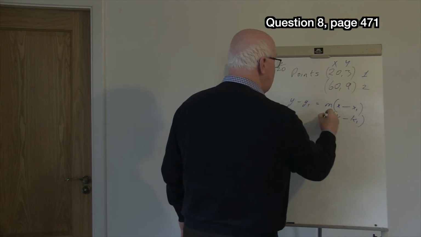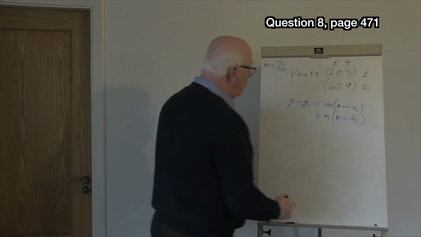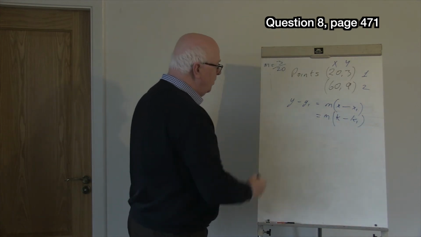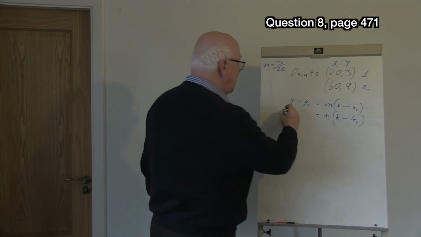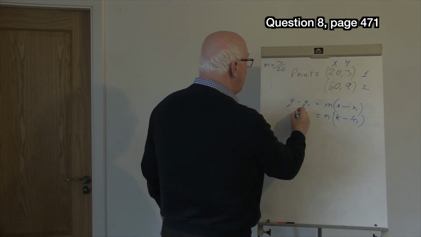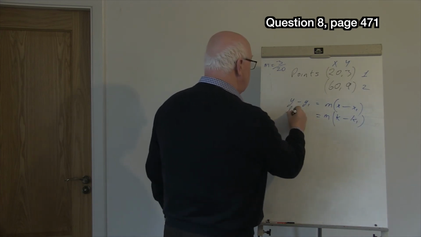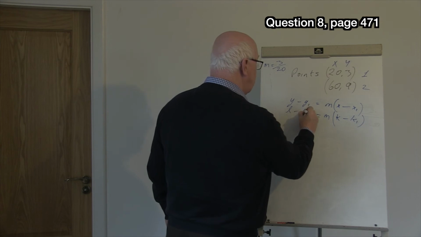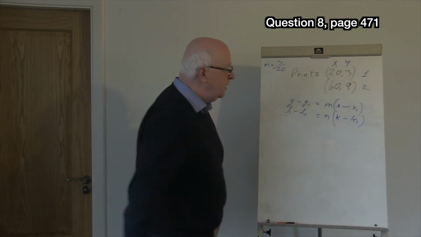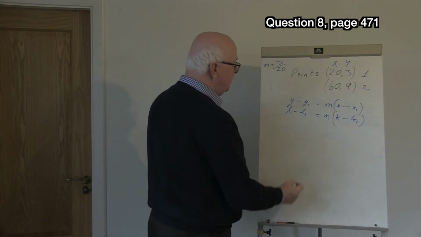We still have the m for our slope. And then y is the vertical line going up and down, and instead of y that's going to be litres: L minus L1. So L represents the litres and K the kilometres.